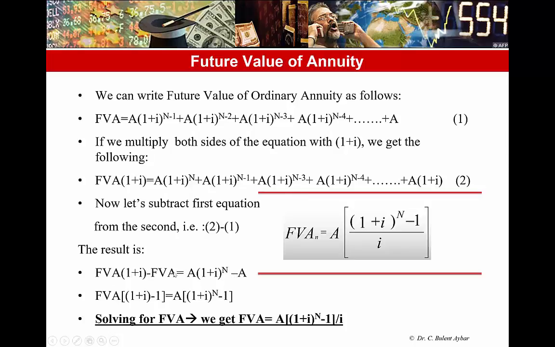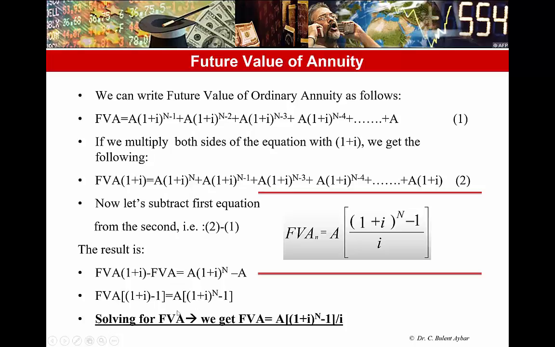And if we rearrange this equation, we take the future value of annuity out of a parenthesis. So inside we have 1 plus I minus 1.